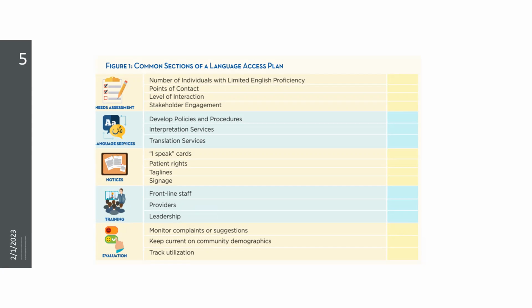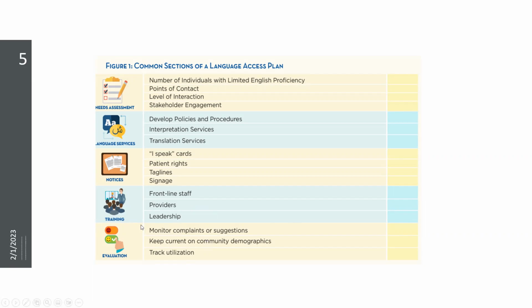When we talk about language services, which is the second step to our language access plan, we need to develop policies and procedures, interpretation services, and also translation services. What do we need to translate? Things like notices, I speak cards, patient rights and responsibilities, the taglines, the signs.